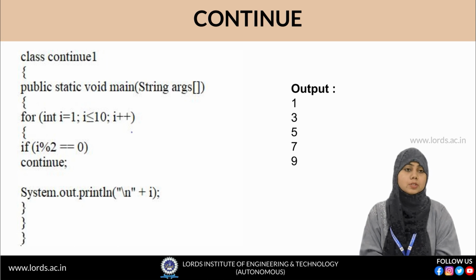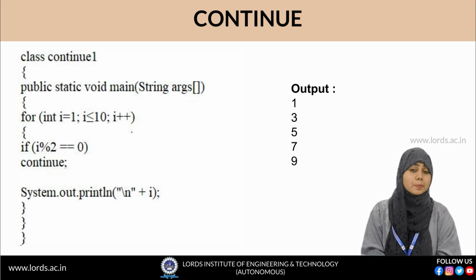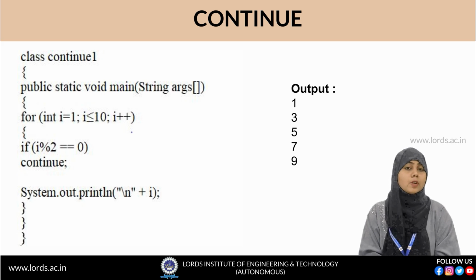Now it will increment to 7. 7 is not divisible by 2, so 7 will be printed, and the next value would be incremented to 8. 8 is divisible by 2, the remainder will also be 0, so 8 will also be skipped, and then the value would be incremented to 9. 9 is not divisible by 2, so 9 will be printed, and the last value, I is incremented to 10. 10 is divisible by 2, so the 10 value will be skipped.